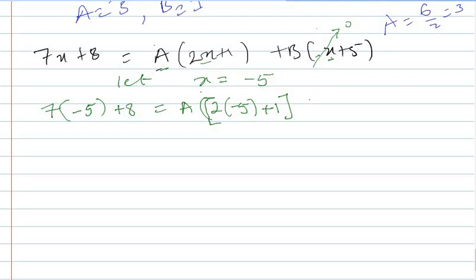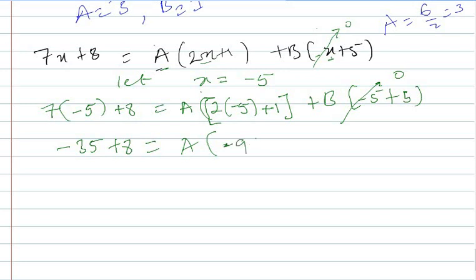We know that it's already 0, but let's put it and see: minus 5 plus 5 is 0, so this is 0. So we have 7 times minus 5, which is minus 35, plus 8, is equal to A into (minus 10 plus 1), which is minus 9.